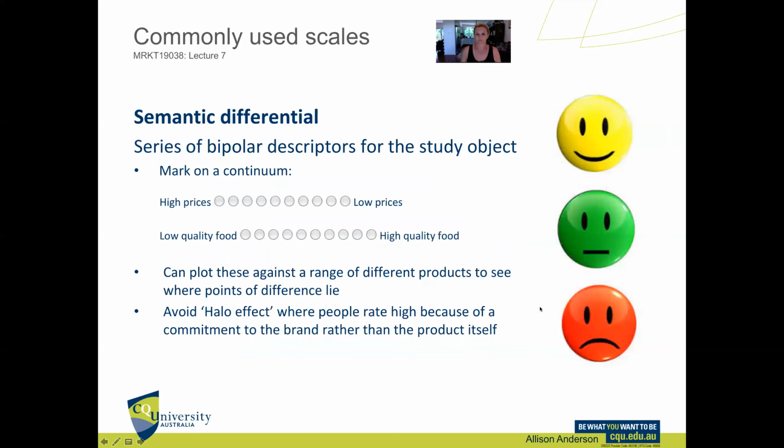Okay, semantic differential. This is a series of bipolar descriptors for the study object. Sounds technical, but essentially it's like high and low. So it's a scale. We'd probably use this as an interval scale.